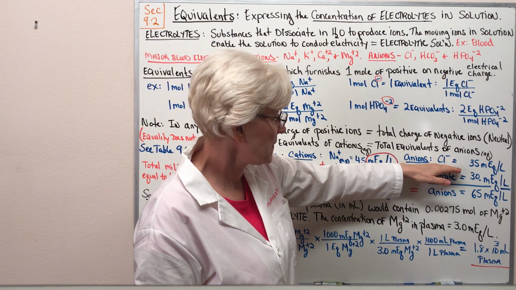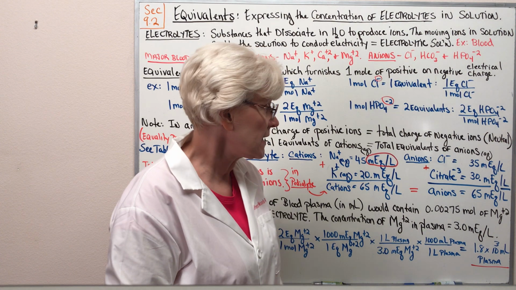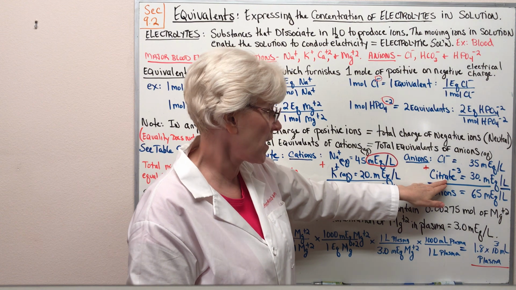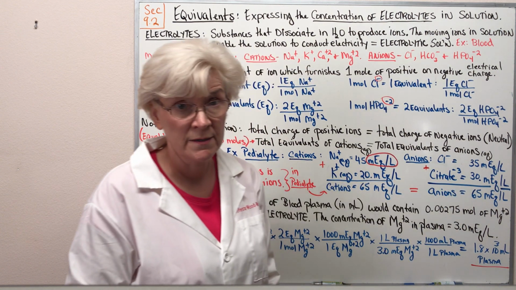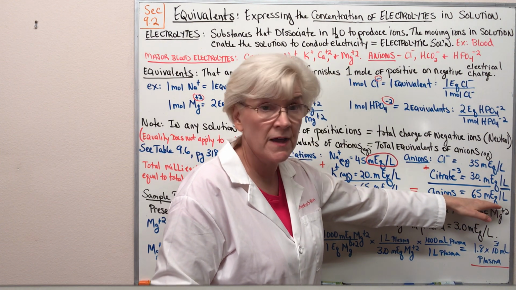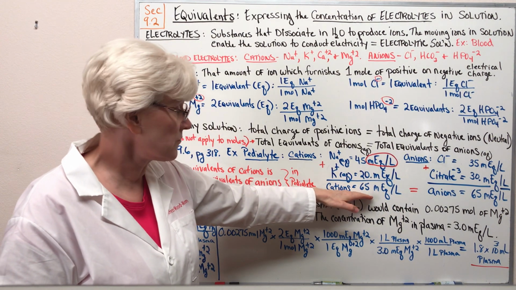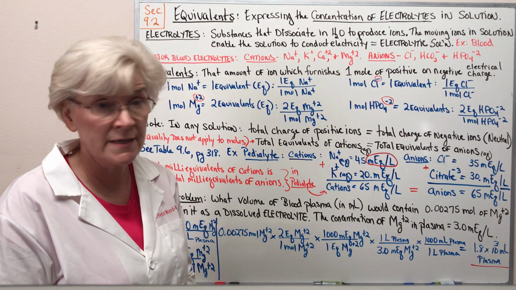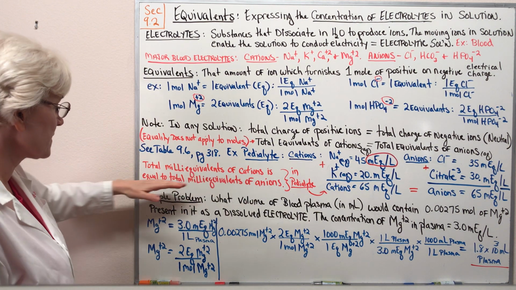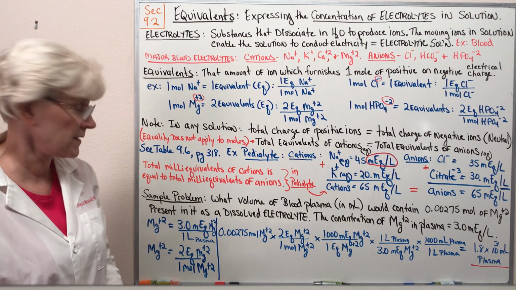And if you analyze Pedialyte, it contains a concentration of chloride ion equal to 35 milliequivalents per liter, and a concentration of citrate anion equal to 30 milliequivalents per liter. Adding those two numbers up, we get 65 milliequivalents per liter of anion, which is equal to the 65 milliequivalents per liter total of cation present in solution. So total milliequivalents of cations must equal total milliequivalents of anions in Pedialyte.